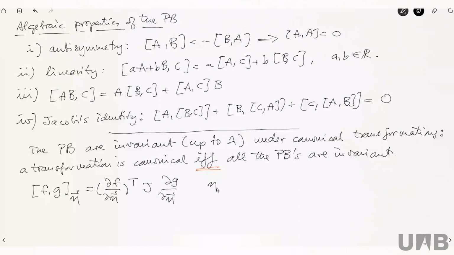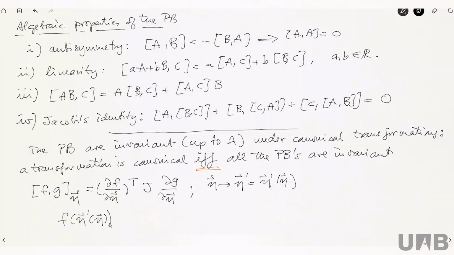But now we make a change of variables from eta to eta prime, which is a function of eta. This is the change of variables that we want to know whether it is canonical or not. That means that f is actually a function of the new variables, which are functions of the old variables.